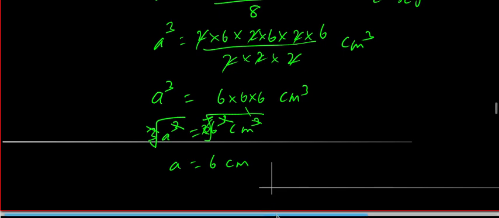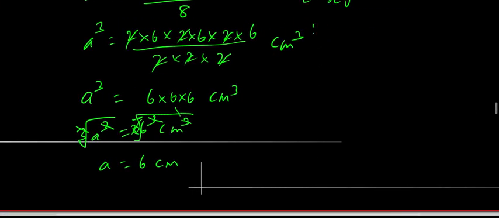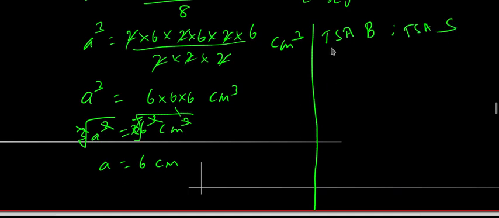Let me take the total surface area of the big cube is to the total surface area of the small cube. The total surface area of a cube is 6a square. The big cube side we consider as capital A, so 6A square is to 6 small a square.